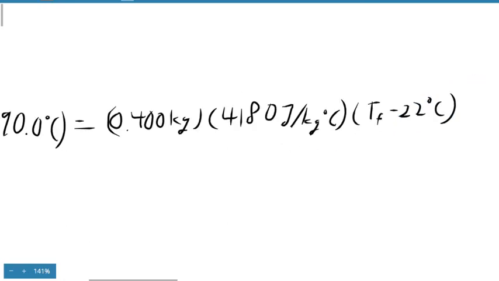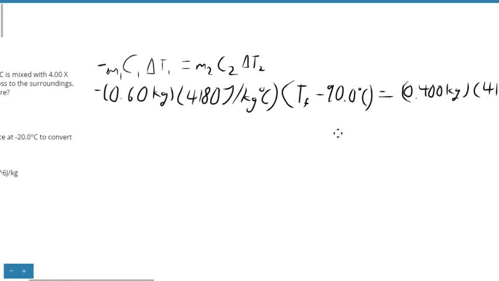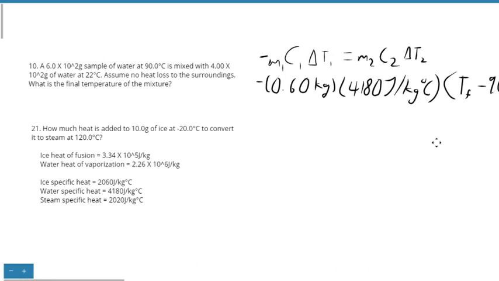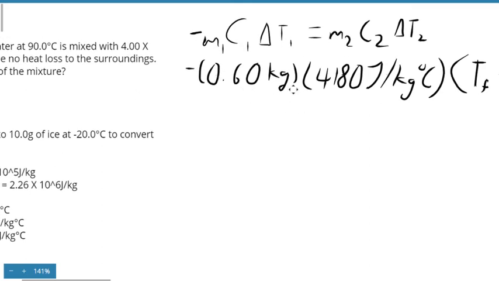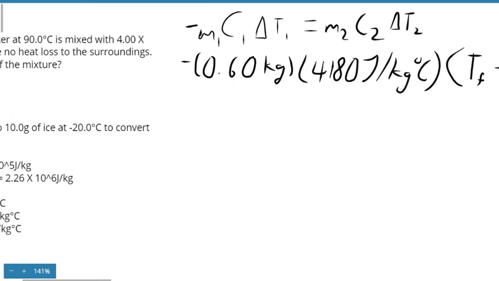So now we just have a really long equation. We should try to simplify this a little first by multiplying the first two expressions. So 0.6 times 4180 is 2508, and with a negative.